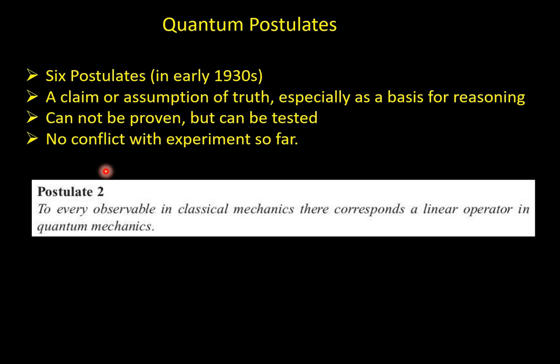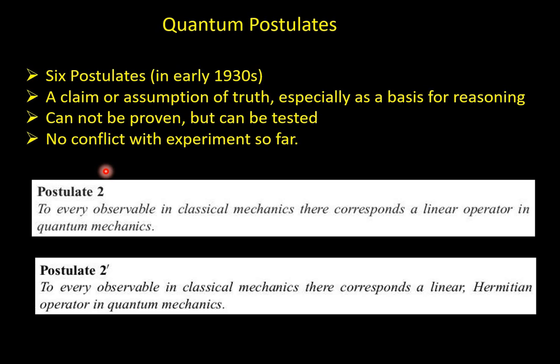Here postulate 2 is slightly modified to give another version. To every observable in classical mechanics, there corresponds a linear and Hermitian operator in quantum mechanics. So all the same, only the word Hermitian is added in the next version.